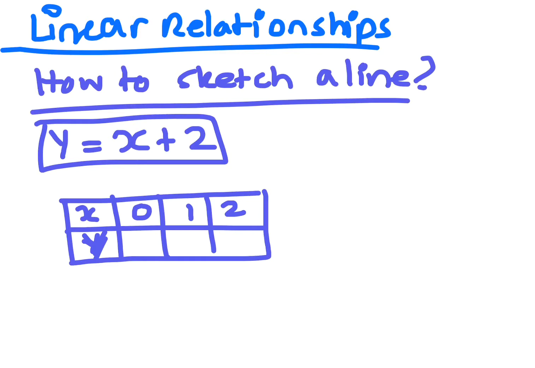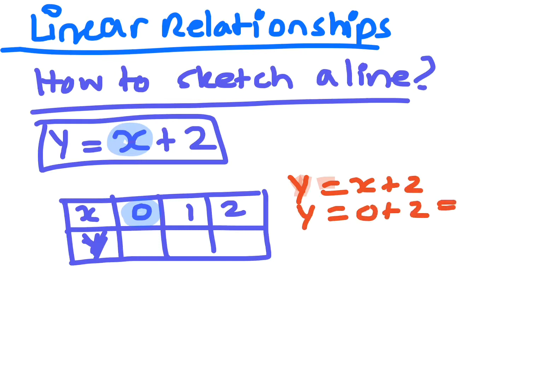So the first thing that we do is we put x equals 0 in for the x value. We go y equals x plus 2. So y is 0 plus 2, which is 2. So the first value is 2. And then we're going to take the 1 and put it in for the x value.